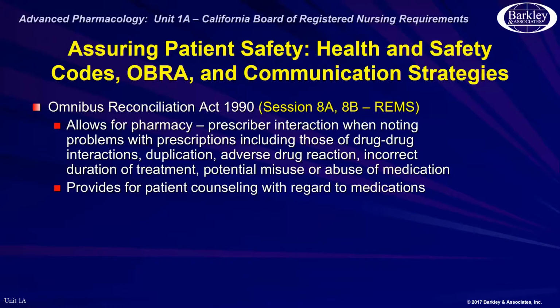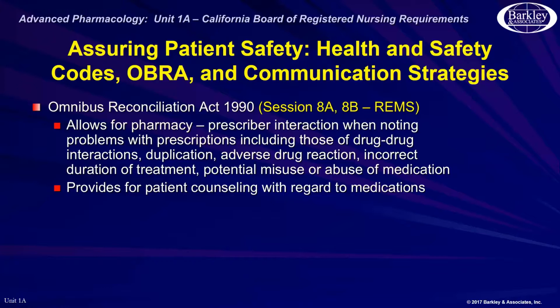So these 2 things really allow for communication strategies with our patients either via pharmacy communication, that's really what OBRA focuses on, for the patient to have a mechanism when they pick up a prescription to be counseled through pharmacy or to be counseled through hospital pharmacy, to have a discussion with a healthcare provider about the medication they've just been prescribed, and to find out about that medication.